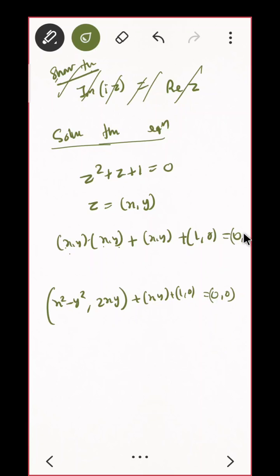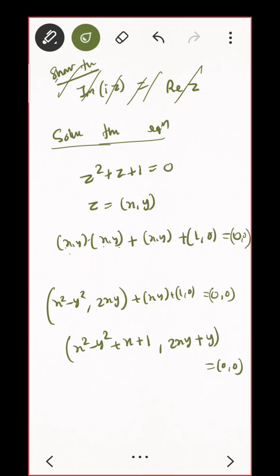Here also. So now you just have to compare both the things. Here you are having x square minus y square plus x plus 1, and here you are having 2xy plus y is equal to 0 comma 0, correct?